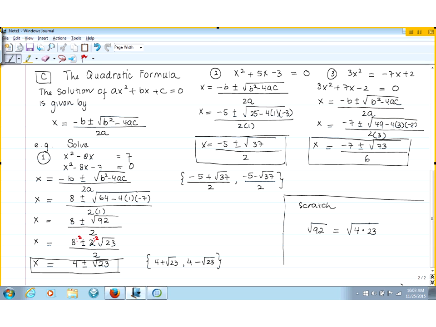If you cannot simplify, then we're done. What is my answer? Negative 7 plus square root of 73 divided by 6 and negative 7 minus square root of 73 divided by 6. Alright, so 2 solutions. Yes?